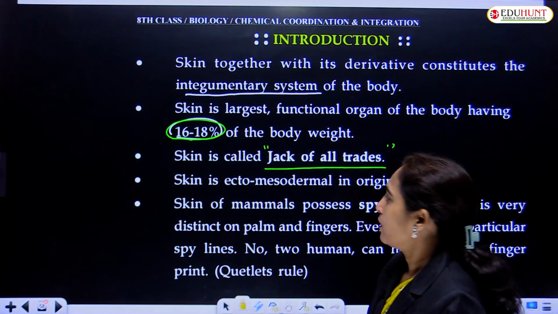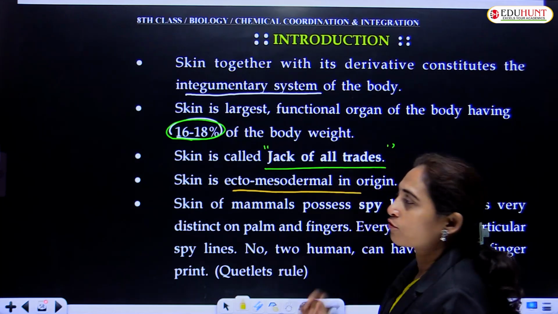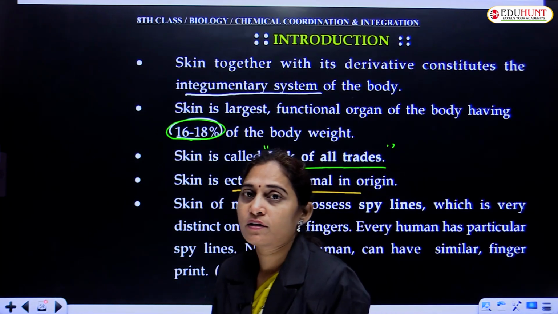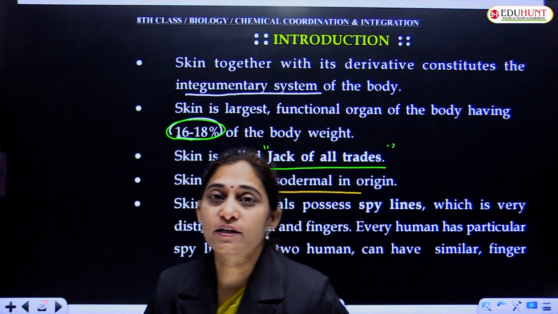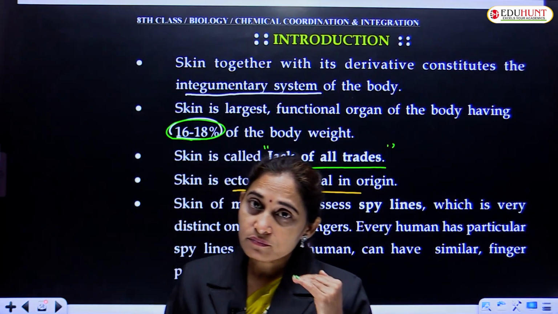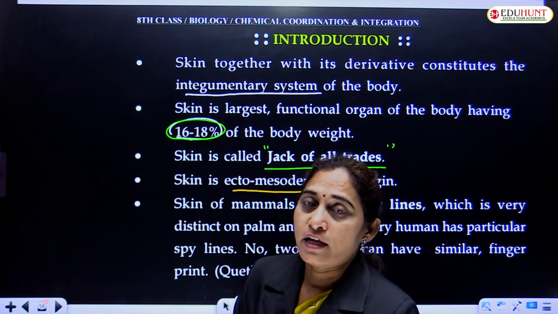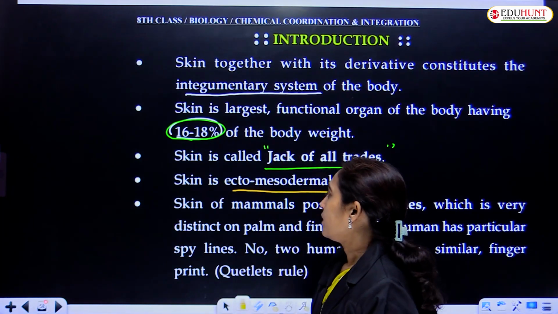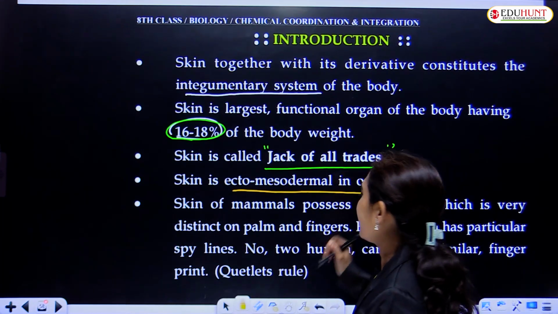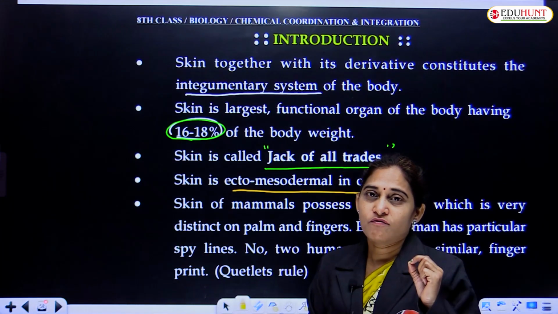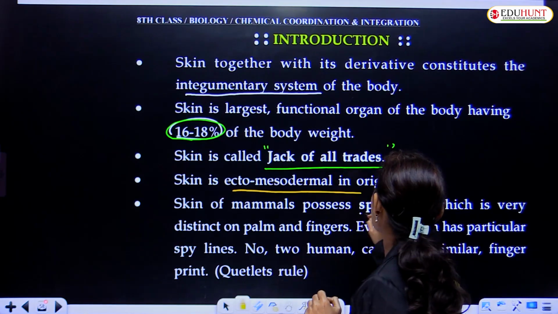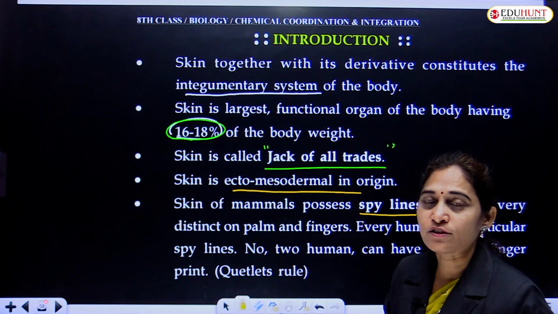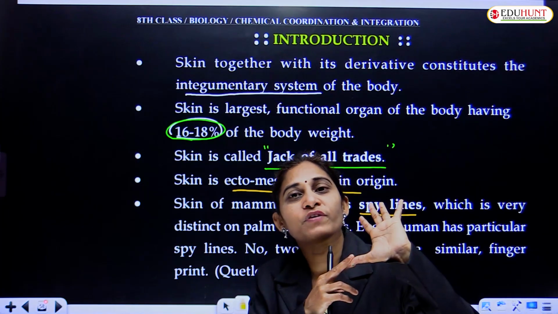As I mentioned, it is ecto and mesodermal in origin. Some of the layers are derived from the ectoderm, and the remaining from the endoderm. Mammalian skin possesses fine lines, which are very distinct and prominent on our palms and fingers.